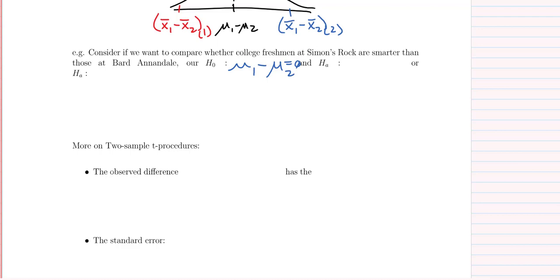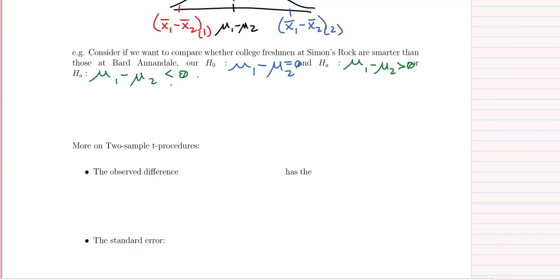And then for our alternative, let's say that there is some difference. Either we're saying that Simon's Rock freshmen are smarter, or we're saying that they're not. It depends on who's making the claim, I guess. So either there's a positive difference or a negative difference.